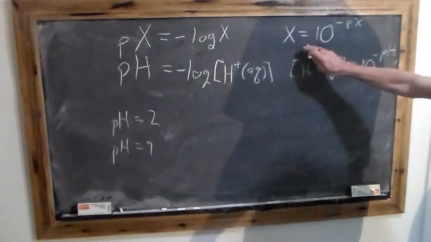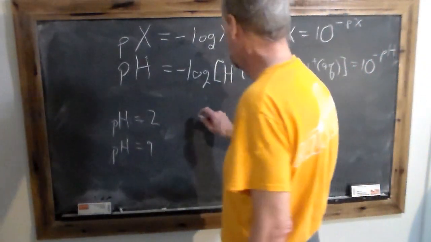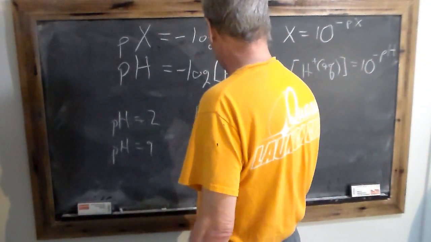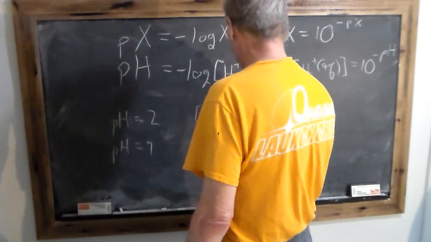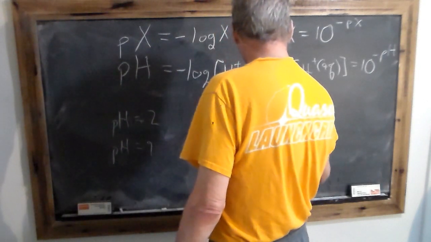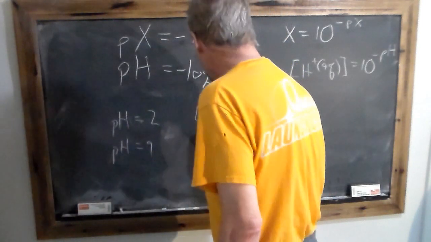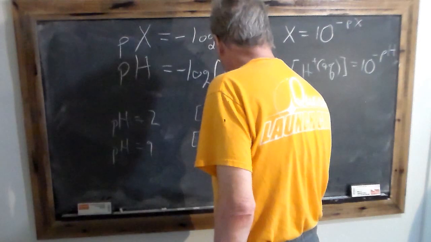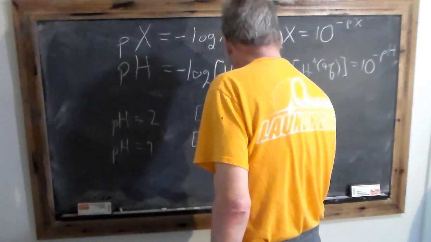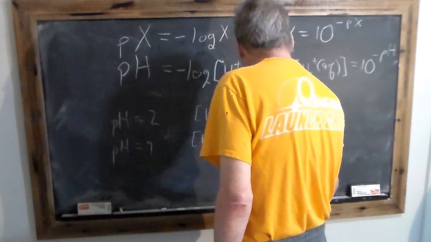Well, using this formula, we get 10 to the negative second power. Whereas down here, it's 10 to the negative ninth power.